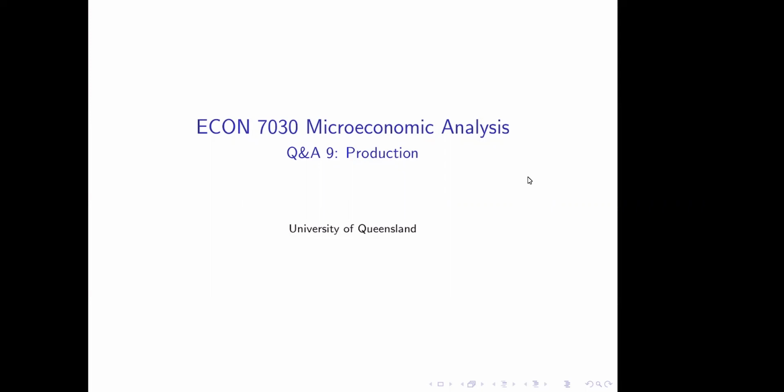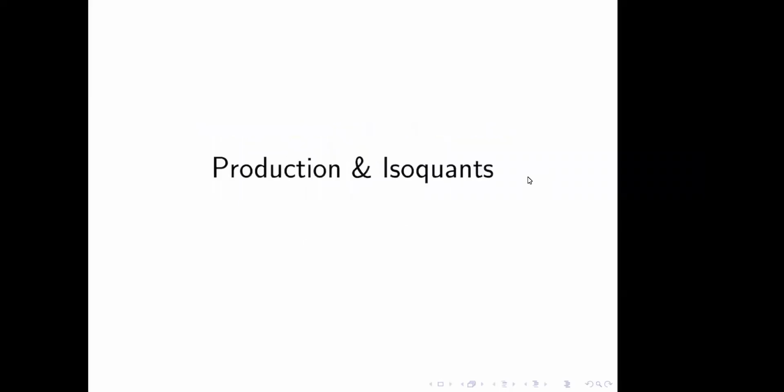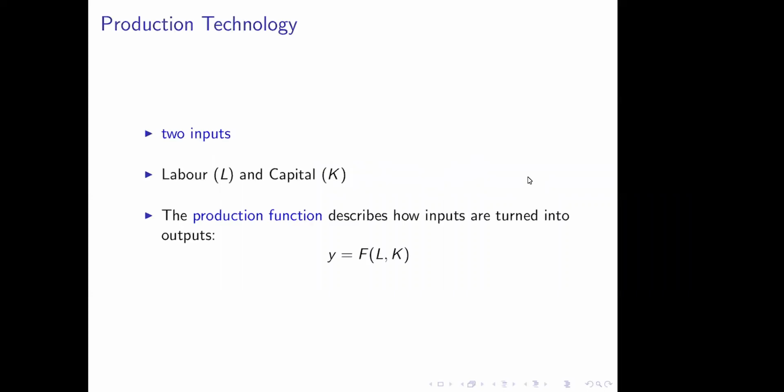Okay, so we start with the production. As you guys already watched the recording, we're going to go quickly with the production and isoquant, right? So we assume that we are dealing with only two inputs, labor and capital, L and K. Let us assume that we have a production function.